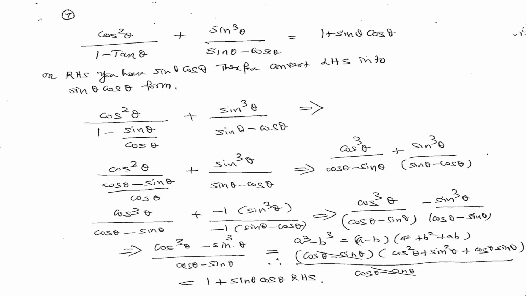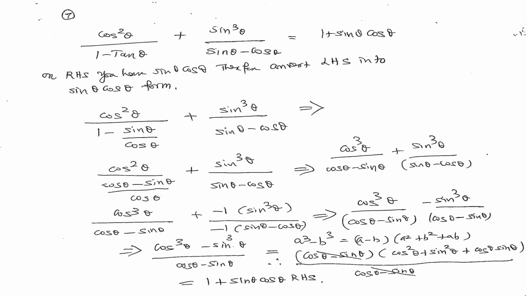Therefore LHS, taking LCM of the denominator, we have cos squared theta by 1 minus sin theta by cos theta plus sin cube theta by sin theta minus cos theta. Gets it extended to cos squared theta by cos theta minus sin theta by cos theta plus sin cube theta by sin theta minus cos theta.